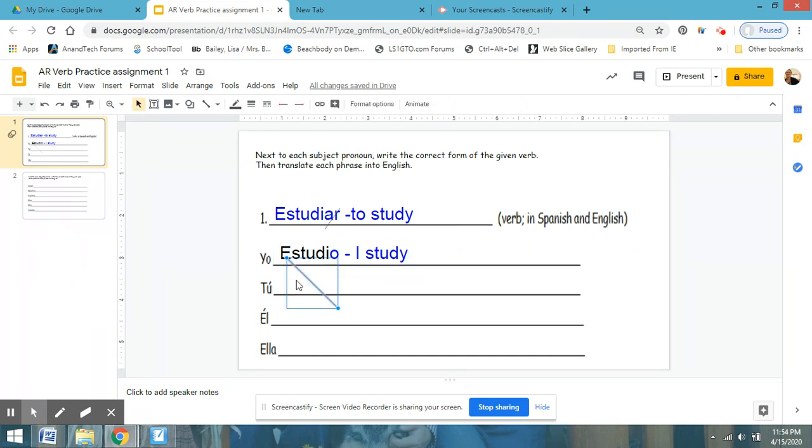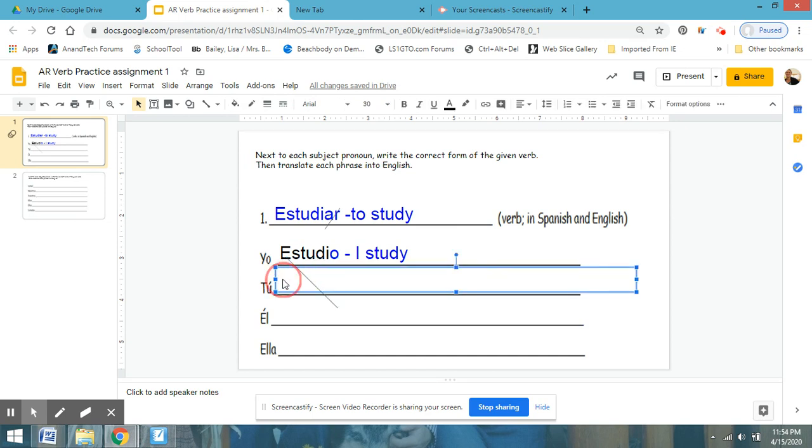We'll do tú also. So I have my AR taken off, so I'm going to put my stem in. And it doesn't matter if this comes out with the uppercase at the beginning or not.